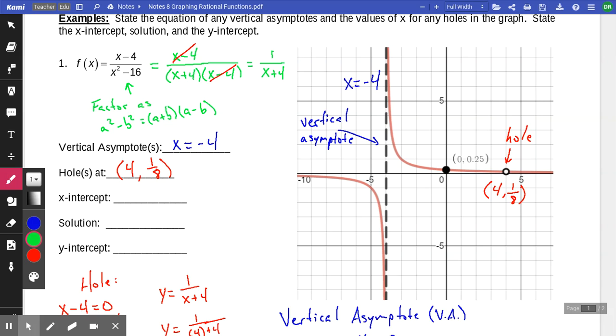It's this horizontal boundary that the graph is not crossing. And that boundary in this case is your x-axis. So you notice this graph is getting really close to the x-axis, but it will never cross. And this graph is also getting really close to the x-axis, but again, it will never actually cross it. So our x-intercept in this case is none.